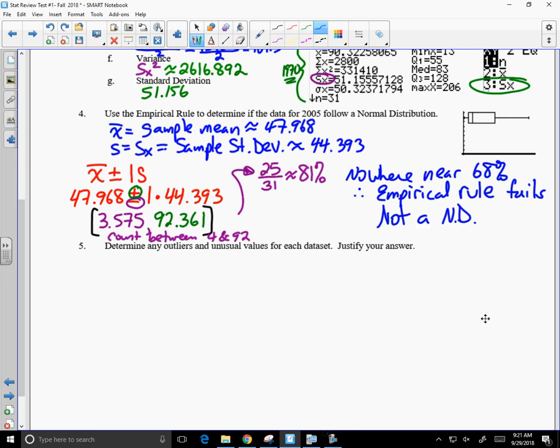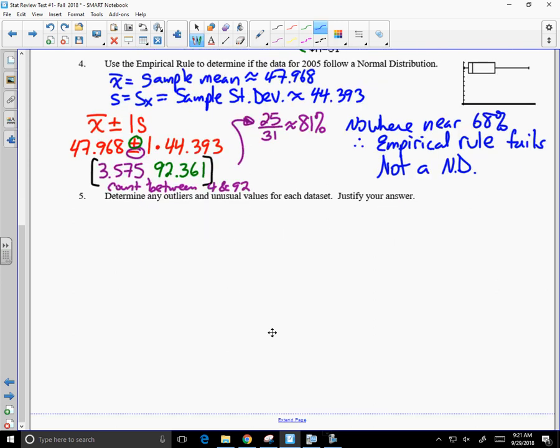All right. Number 5. Determine any outliers and unusual values for each data set. Justify your answer. All right, very important. So apparently I start off every question by saying very important. I notice things like that sometimes. Two different rules for outliers and unusual.